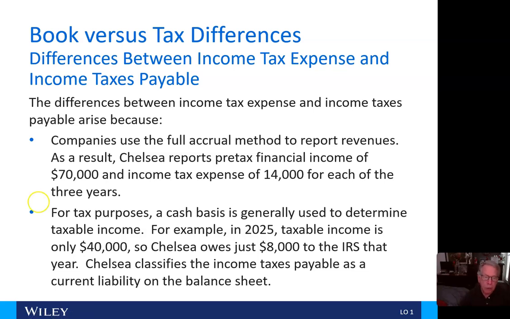For example, in 2025, taxable income is only $40,000, so Chelsea owes just $8,000 to the IRS that year. Chelsea classifies the income taxes payable as a current liability on its balance sheet.